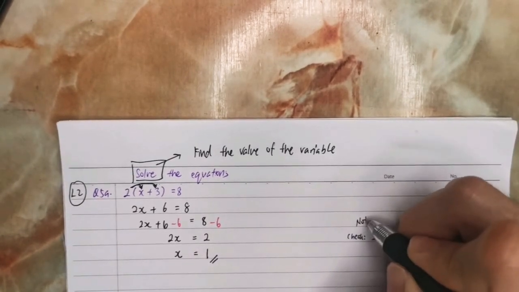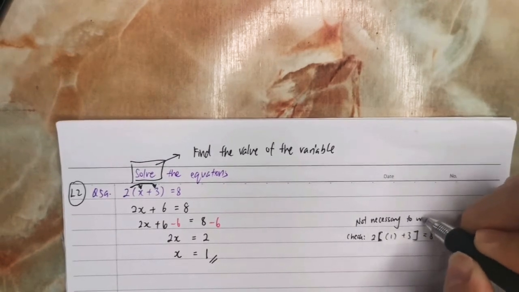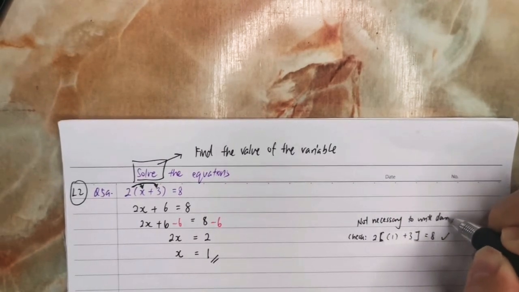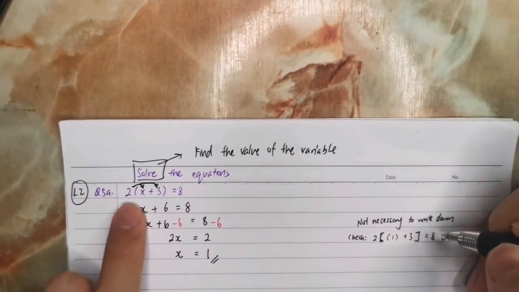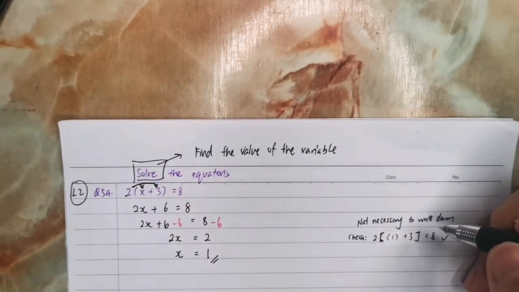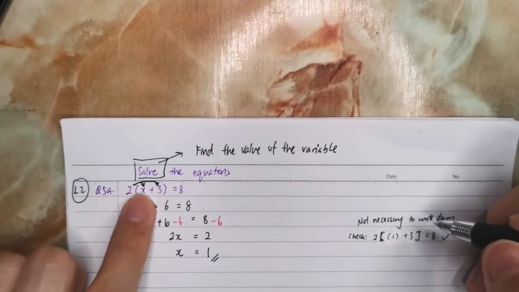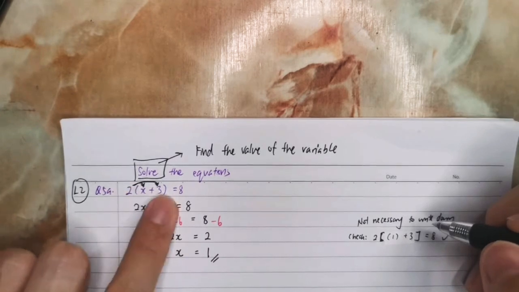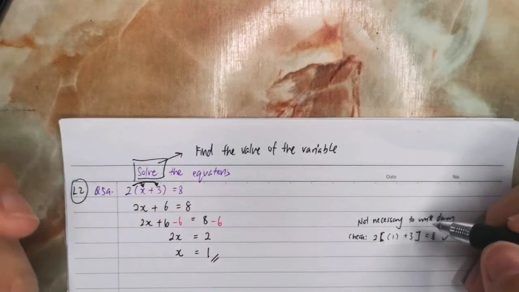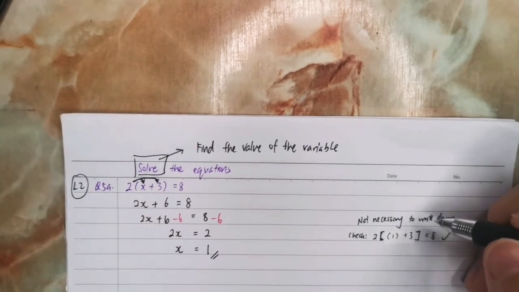Or you can just key into the calculator: 2 bracket 1 plus 3 bracket. If it gives you 8, that means you have solved the equation correctly.